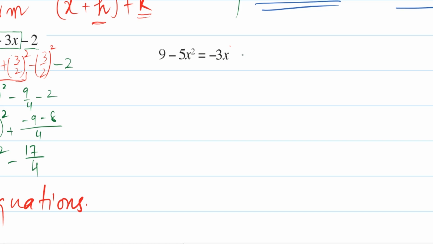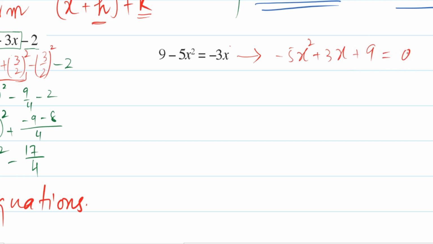So let's do it. This will become minus 5x square plus 3x. I have shifted minus 3x from right to left, so this is minus 3x, that will become plus 3x, and then plus 9 will remain on the same side because that was on the left side.